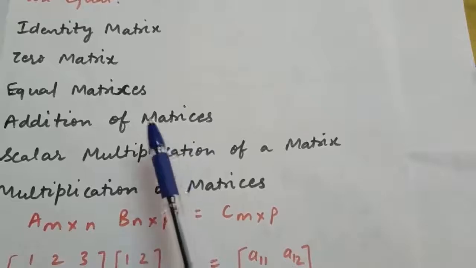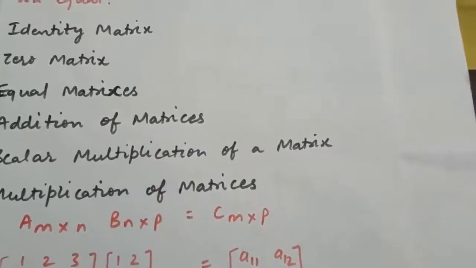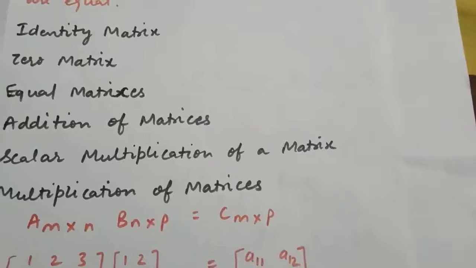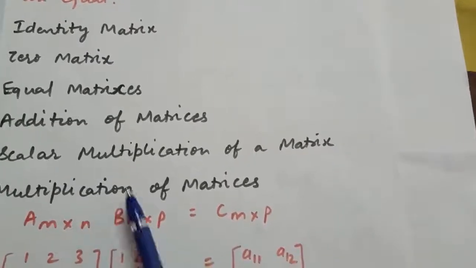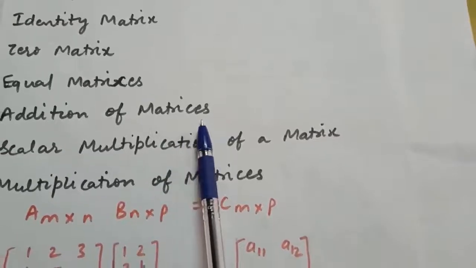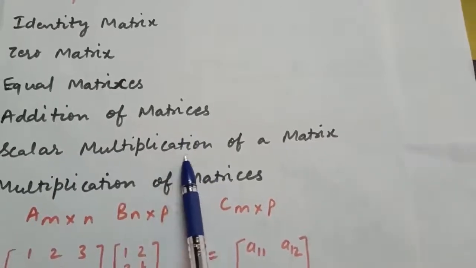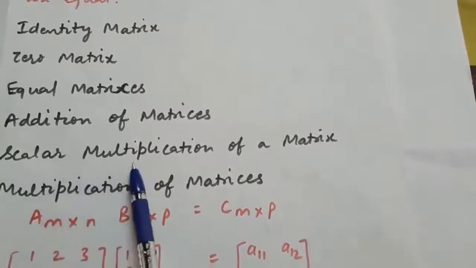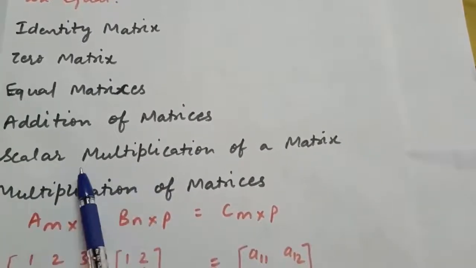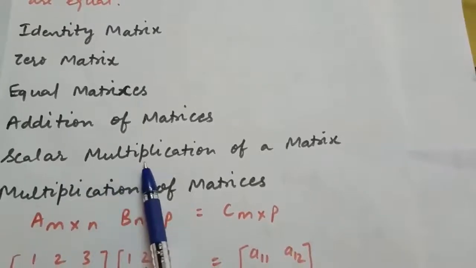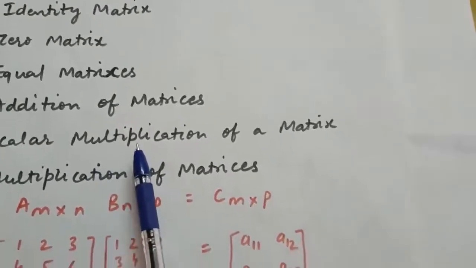To add two matrices, first of all, we want that order of the matrices should be equal, and then to add the two matrices, add their corresponding elements to each other. Right? Then multiplication of a matrix by a scalar. So if you multiply a matrix with any scalar, it means that you have to multiply each element inside the matrix with that scalar.